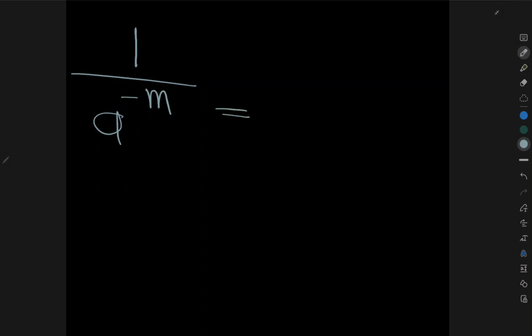If we have the inverse of what we're already given, you do the opposite. You have to leave that as a to the power of m. So you take it to the numerator and you change the sign. That's what I want you to keep in mind with this law.